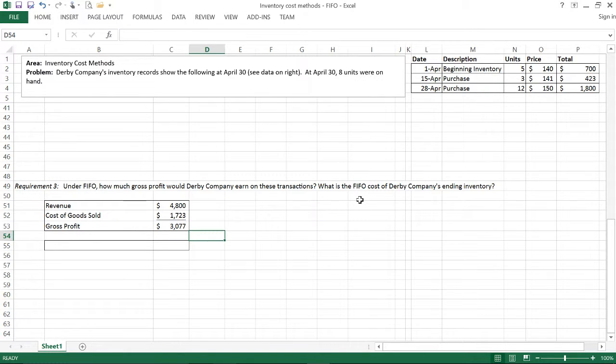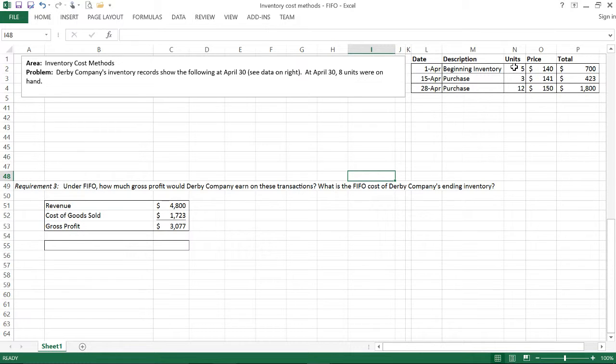The next part of this requirement, what is the FIFO cost of Derby Company's ending inventory? So again, we have 8 units on hand at the end of the month. What is the ending inventory value? So if you remember, FIFO takes the first units in and takes them out first.